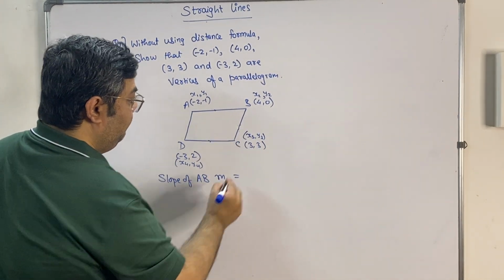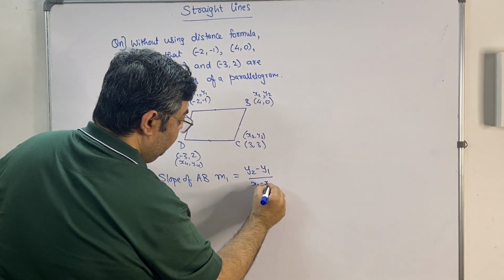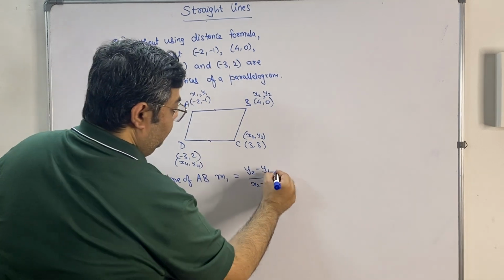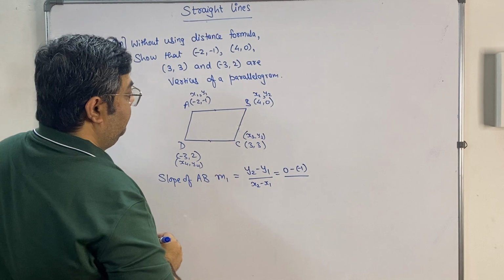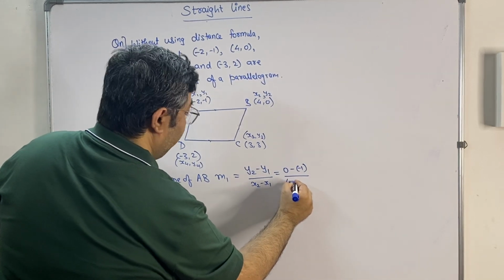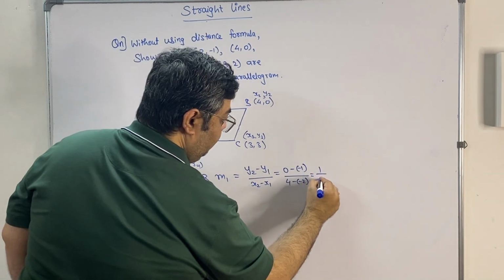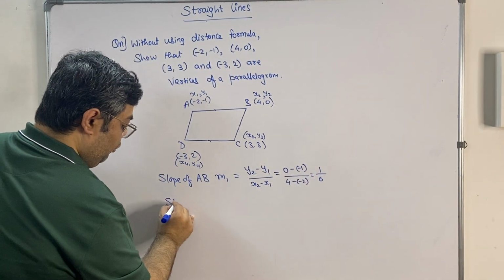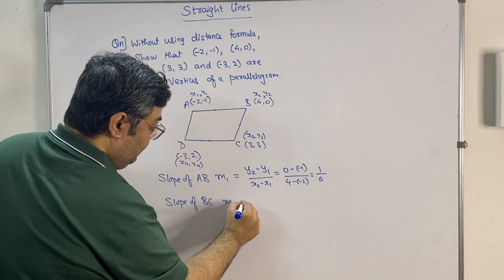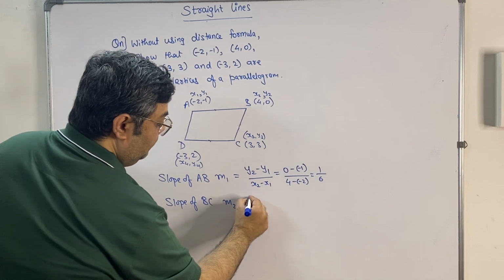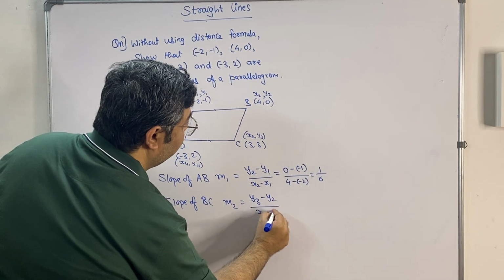So slope of AB is given by y2 minus y1 over x2 minus x1. 0 minus of minus 1 and 4 minus of minus 2. So that gives me 1 over 6. Slope of BC, M2. So again this is y3 minus y2 over x3 minus x2.